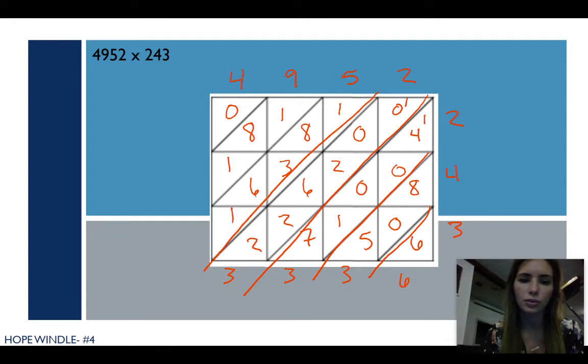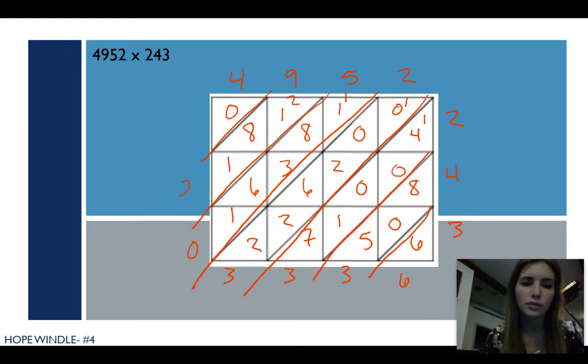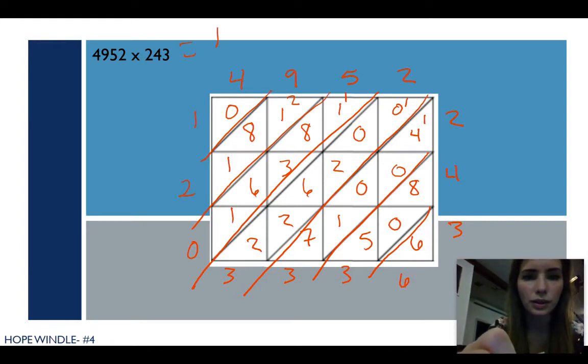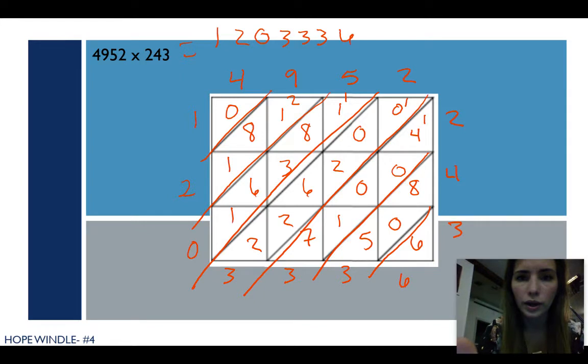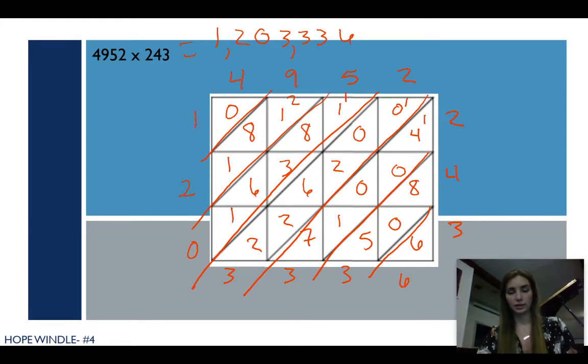Carry another 1 here. This is 10, 13, 15, 20. Drop our 0. We have 12 and 1. So now this number is going to be 1,203,336. Now that's all good.